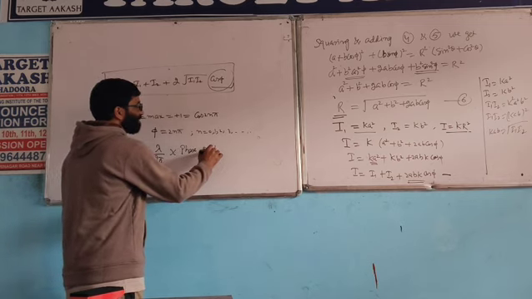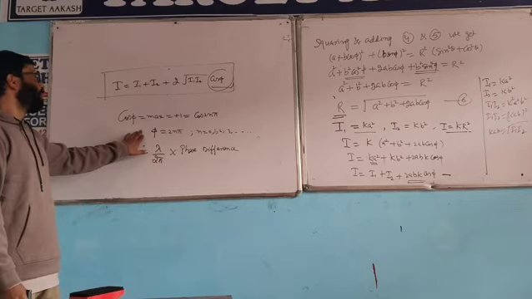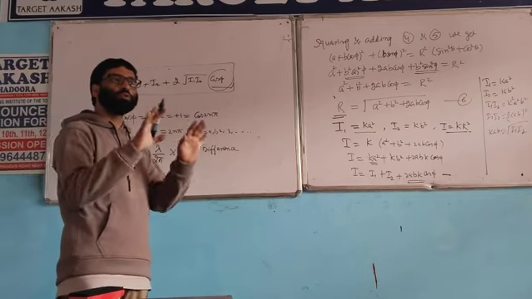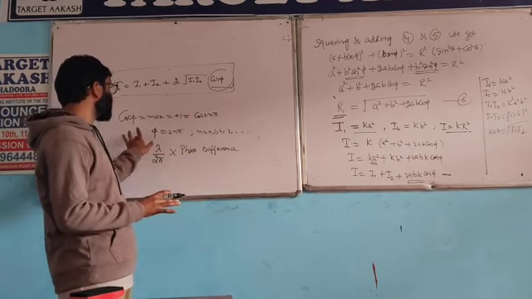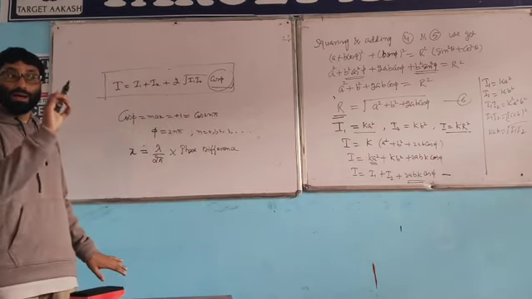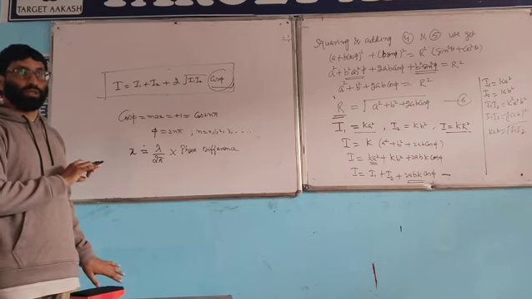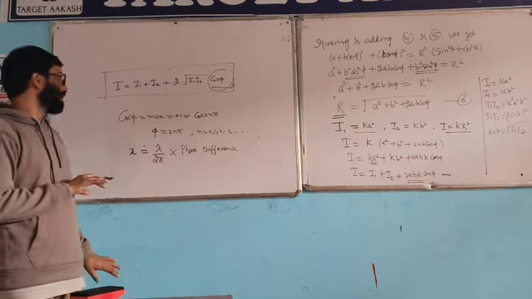Are you getting it? When the phase difference between the two waves is an even multiple of pi, you get a bright fringe on the screen.